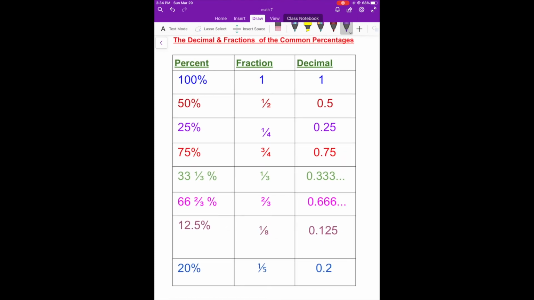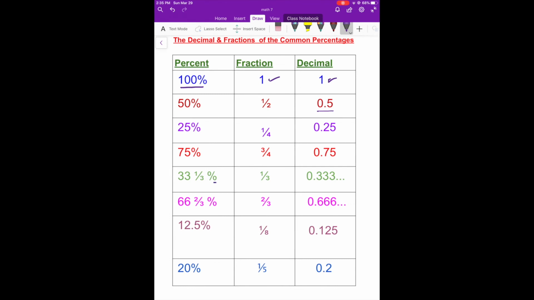So let's review the common percentages and their decimal and fraction forms. 100% is 1. The fractional form is 1 and the decimal form is also 1. And 50% means 1 half and it is 0.5 or 5/10. And 25% is a quarter and it is 0.25. 75% is 3/4, which is 0.75.